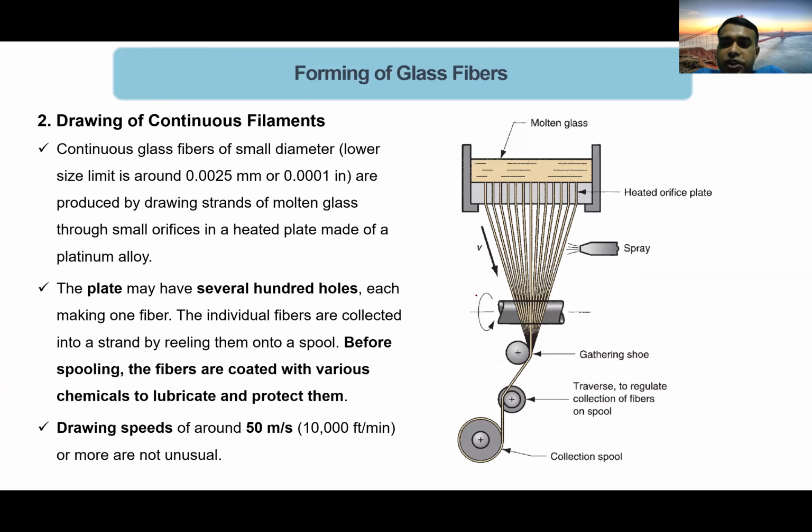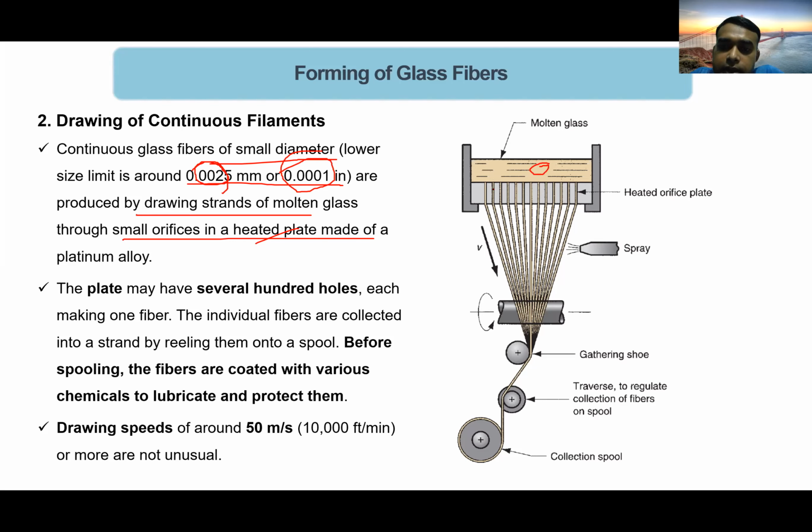And next one is the continuous filament manufacturing. In the case of continuous filament manufacturing, the continuous fibers are of very small diameter, like 0.0025 millimeter. Okay, to produce the glass fibers, we use this method. And in this method, we use small orifices in the heated plate. Okay, molten glass stays in here, and there are orifices with a diameter of something like 0.025 millimeter or 0.0011 inch.